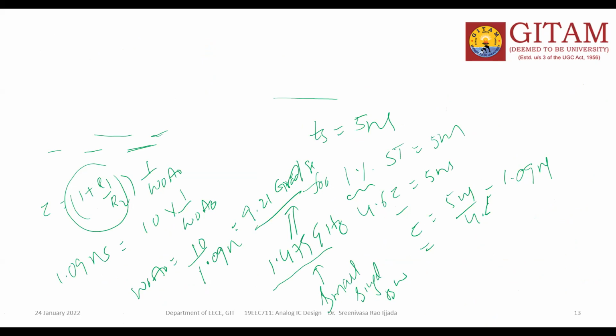So that is equal to 1.09 nanoseconds. Then you can use this to find the small signal bandwidth, A0 into omega naught, and we will get 1.479 gigahertz or 9.27 gigaradians per second.